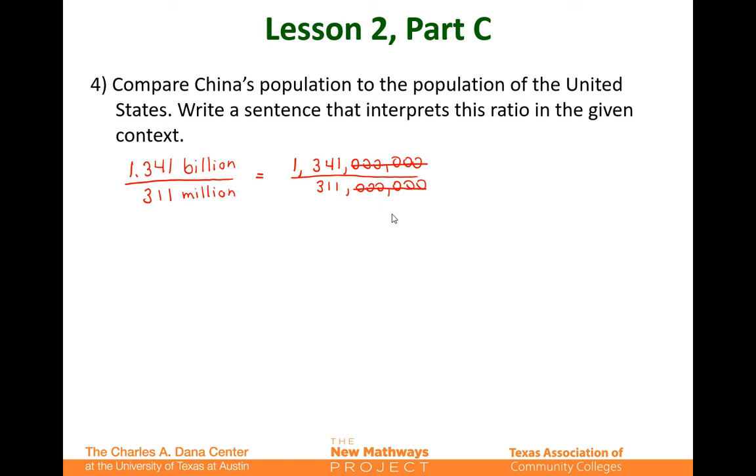If we do that, let's go ahead and divide. 1341 divided by 311 comes out to be about 4.3 Chinese to Americans.